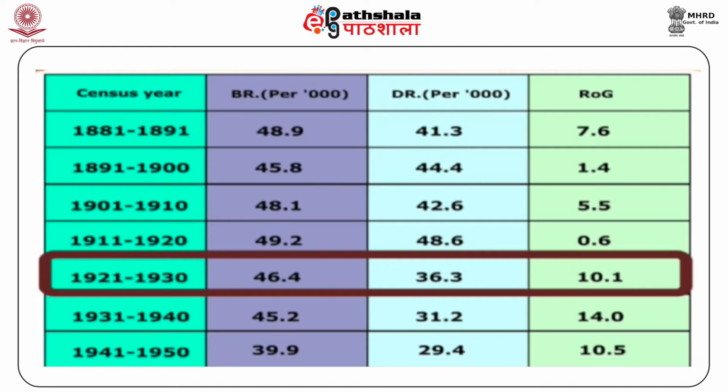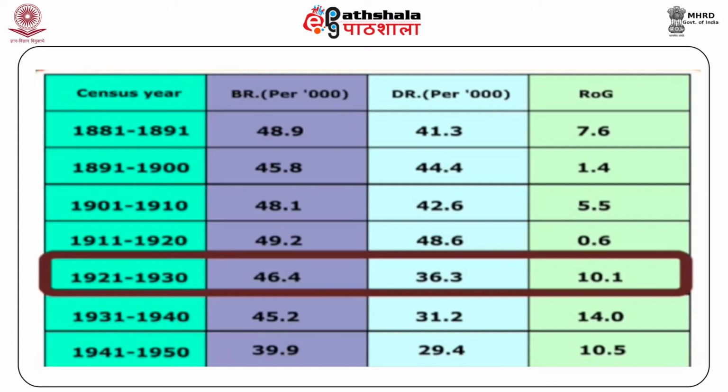The fall in death rate occurred in 1921, while the fall in birth rate occurred only in the 1940s, that is, 2 decades later. Whatever change has taken place has been more due to the change or fall in death rate rather than any change in the birth rate.